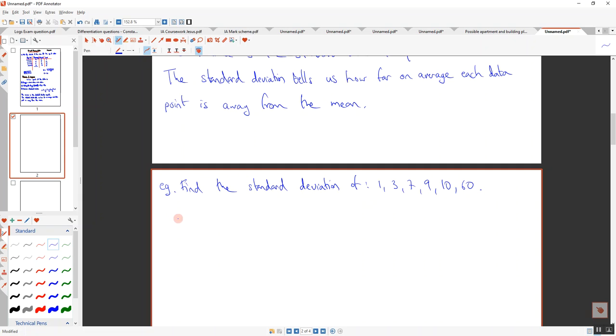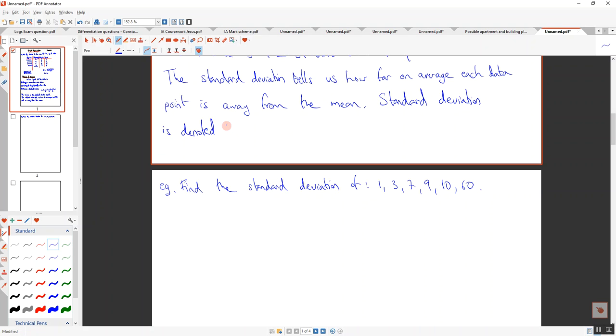Now, the standard deviation, I should have said up here, sorry, is denoted by that symbol, which is called sigma.